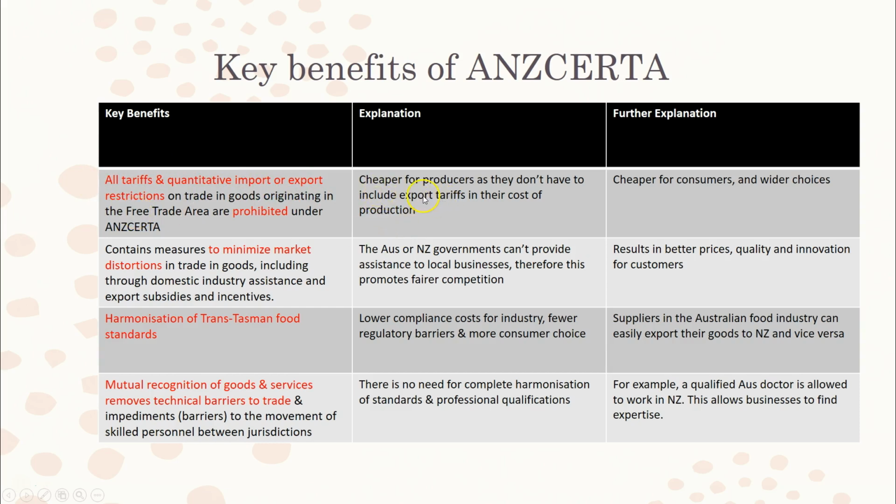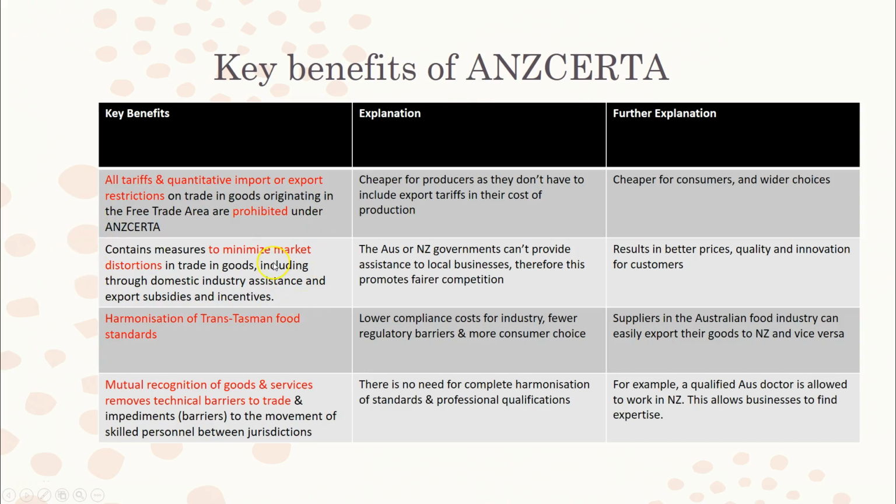So similarly, like before, depending on what the case or the question is asking you about, you can talk about how it's cheaper for the producers, cheaper for the consumers, and you have more choices. So straightforward. Now the second one is the one that students tend to have difficulty understanding.